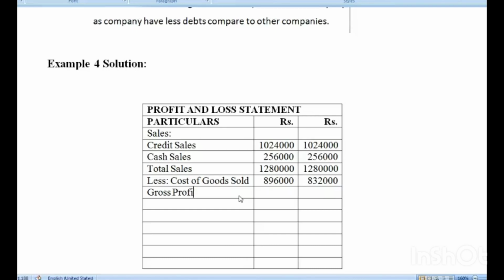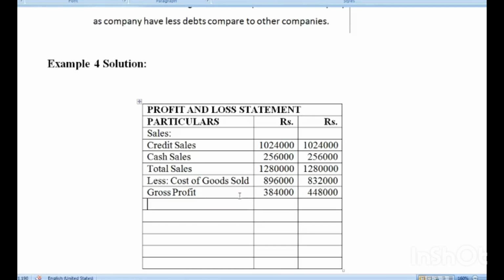What is the answer? 3 lakh 84,000 and 4 lakh 48,000. Okay.